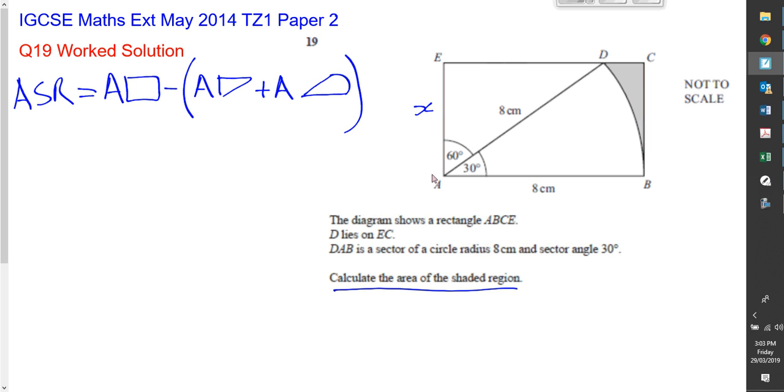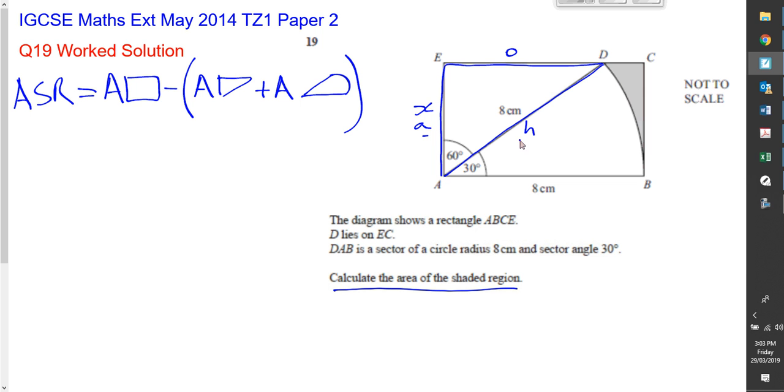In my triangle, I've got an angle and a side. In relation to this angle, this will be the hypotenuse, this will be the adjacent side, and this will be the opposite side. So I've got the adjacent and the hypotenuse.